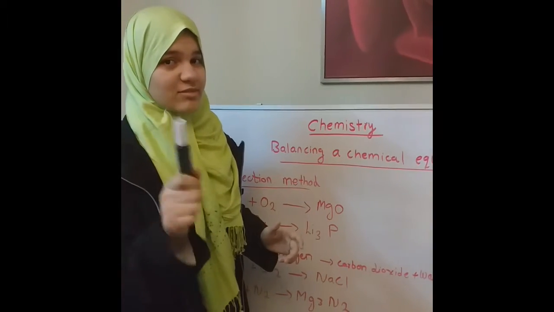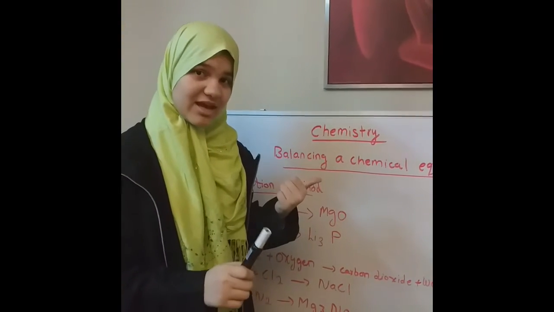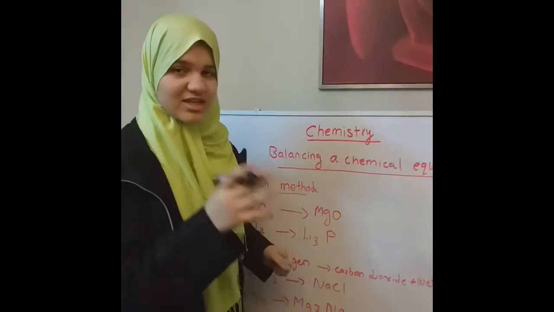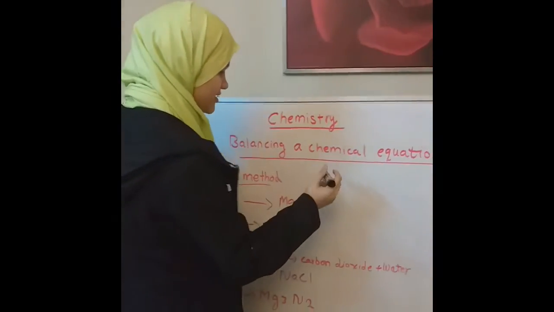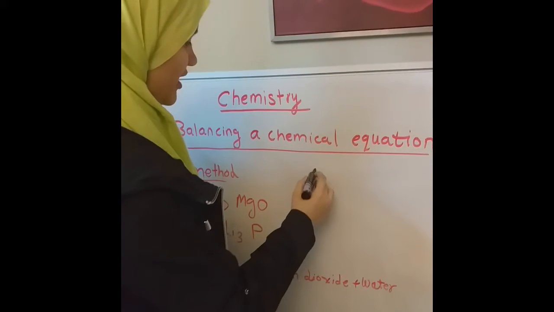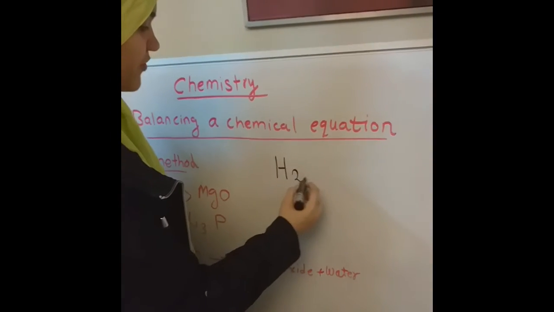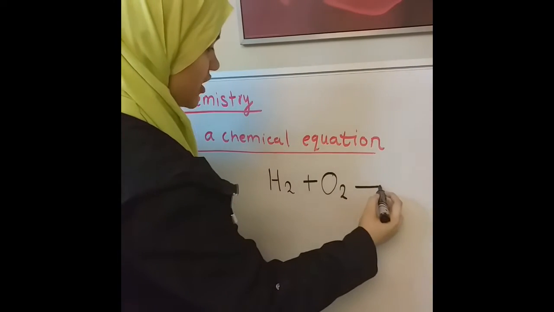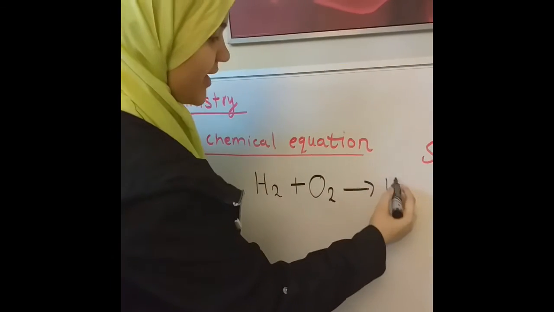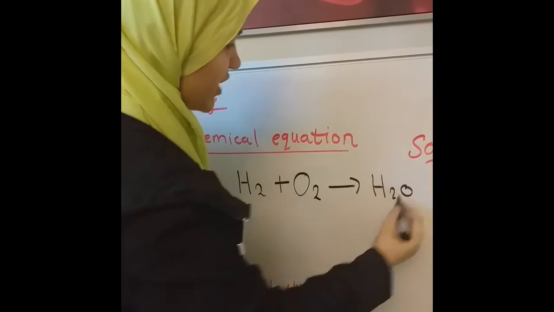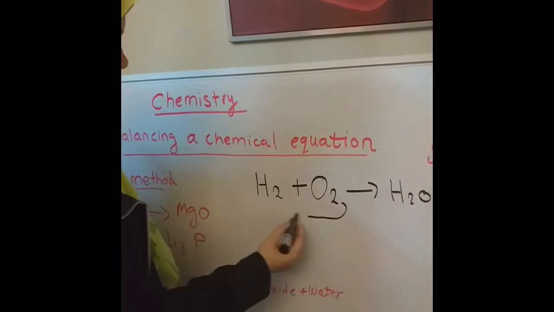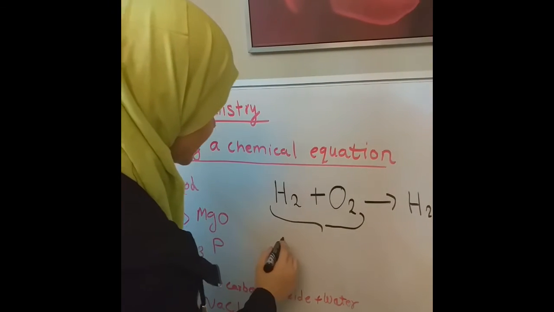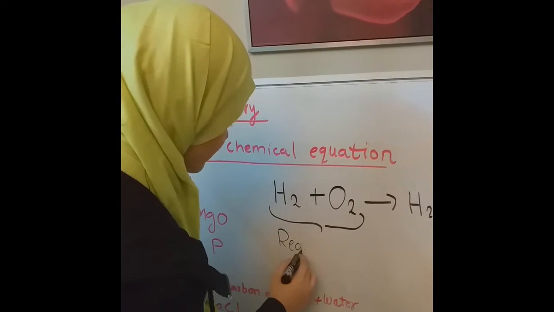Also there is something about the products and the reactants. For example, if you want to make H2 plus O2 equal to H2O, here, this place before the arrow, is called the reactants.